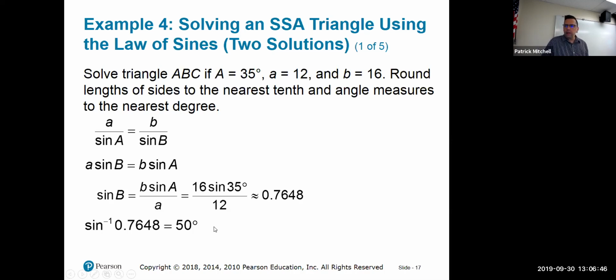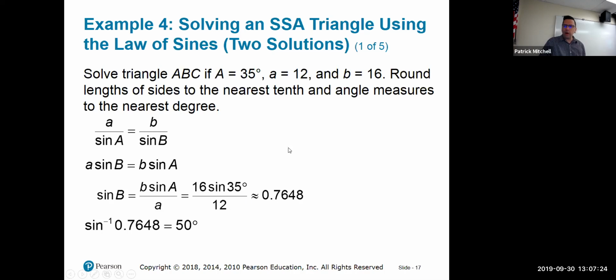When you're doing this kind of solve the triangle problem, this angle will always be between 0 and 180 degrees, so the sine part will be positive. This will always be positive, which means that the angle you'll get out of the inverse sine will be an angle between 0 and 90 degrees.